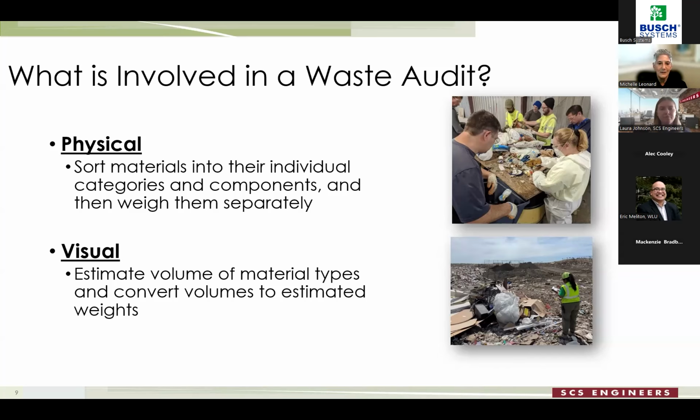So in that case, we do a visual sample where we walk around the load and visually estimate the percentages of each waste type that makes up that load and assign a percentage to that material type. Again, those are typically used for construction and demolition debris or self-haul type loads.